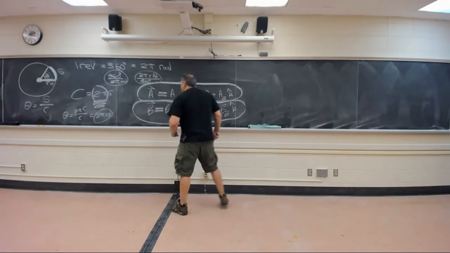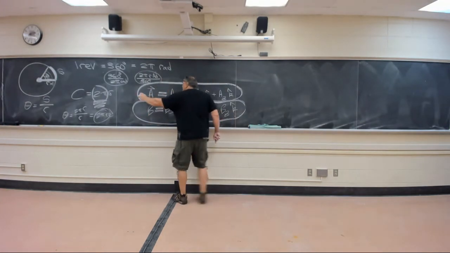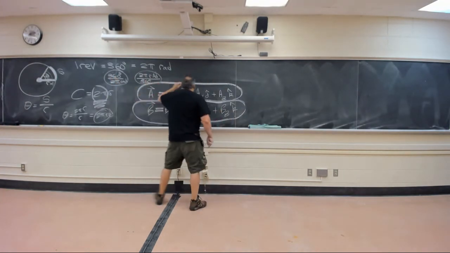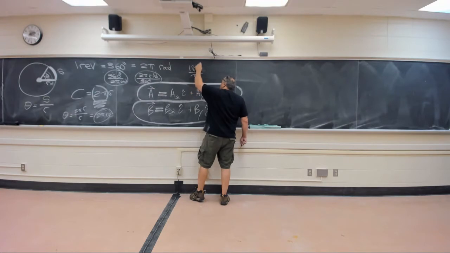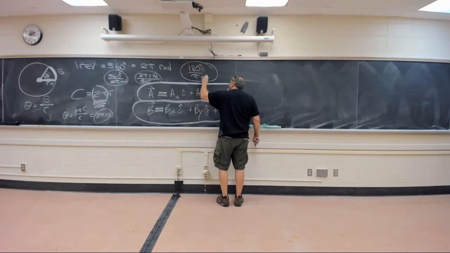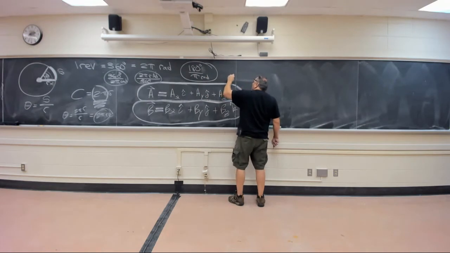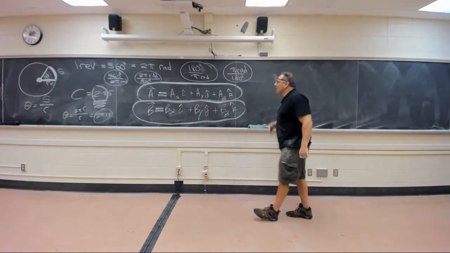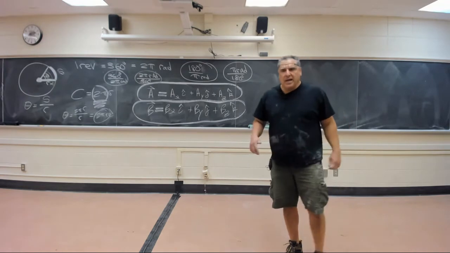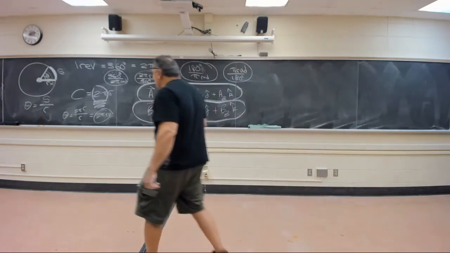Well, take the 2, cancel the 2 into here. 180 over pi, degrees, radians. If you want to convert from radians to degrees, or from degrees to radians, so on and so forth. That allows the conversion to happen.